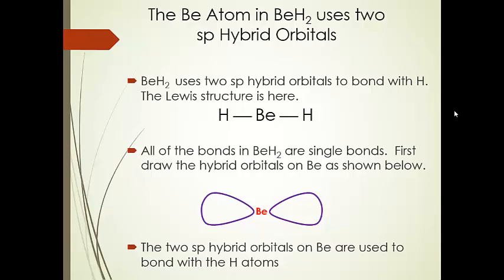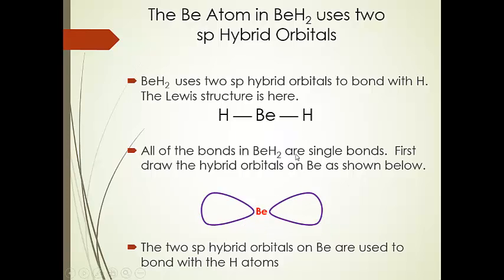All right, so let's look at beryllium hydride. Beryllium hydride does use two sp hybrid orbitals in order to bond those hydrogens. Here's beryllium, bonded to a hydrogen on each side. Beryllium is going to hybridize its 2s orbital and one of its 2p's, and it's going to get two sp hybrid orbitals.